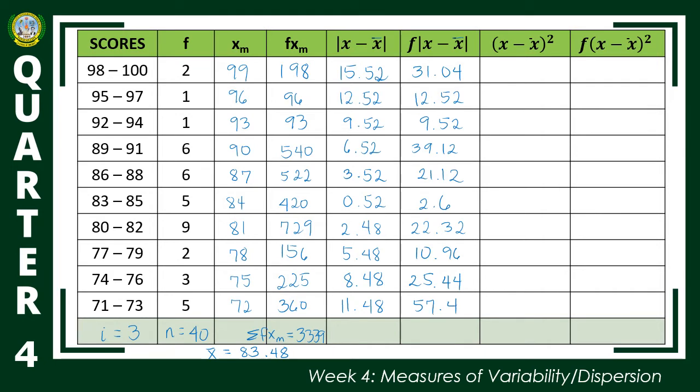Ayan. So dahil meron na tayong values para sa f times absolute value of x minus mean, which is ito yung kailangan natin sa mean deviation, kukuhanin na natin ngayon yung sum. Okay? So, summation of f times x minus mean equals.